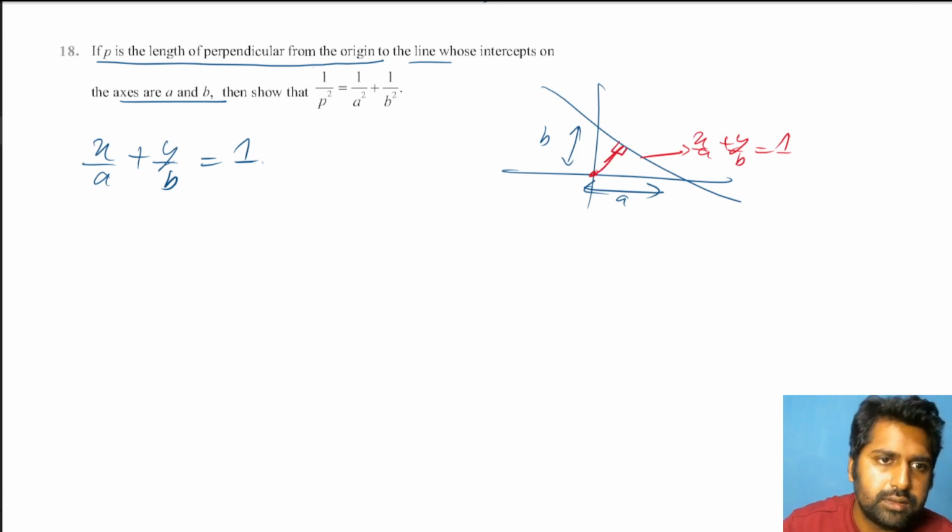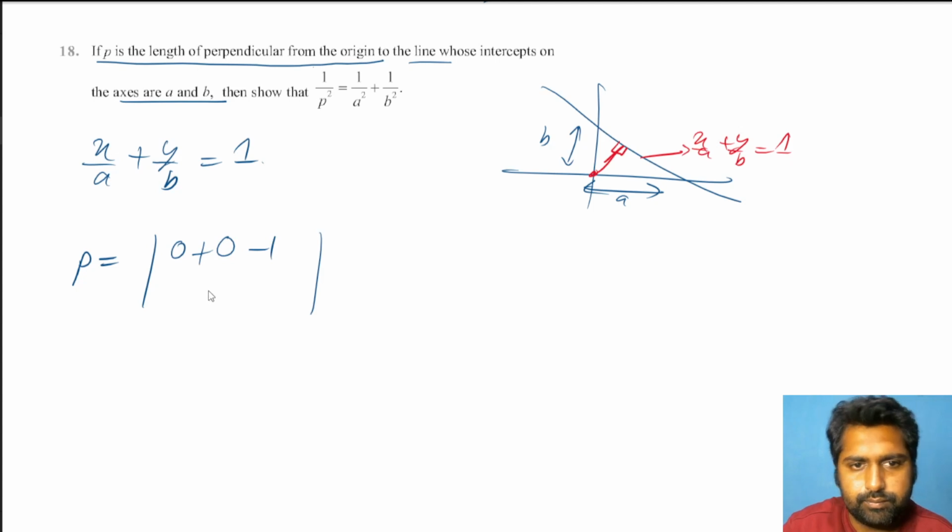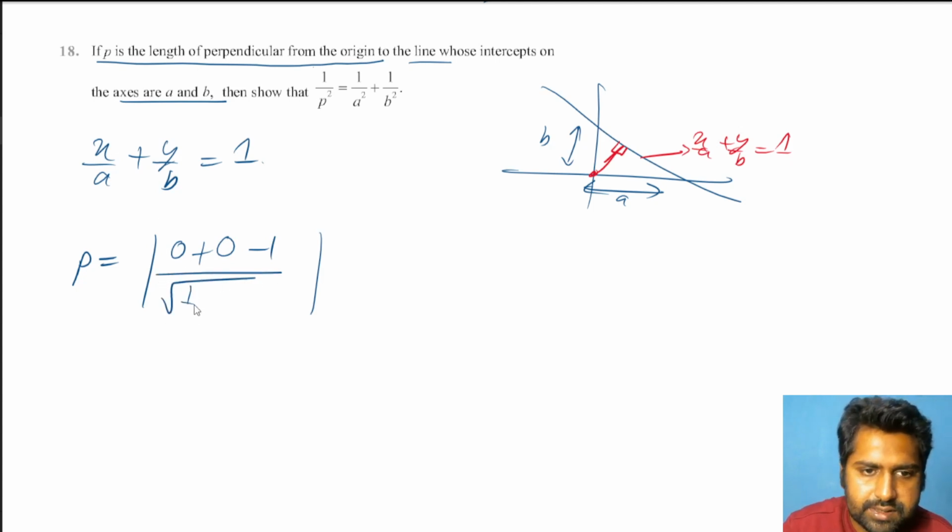P is the distance, modulus of, put 0 comma 0 in this equation. So 0 by A is 0, 0 by B is also 0. Take 1 on the other side, minus 1, upon square root of coefficient of x, 1 by A square, plus coefficient of y, 1 by B square.